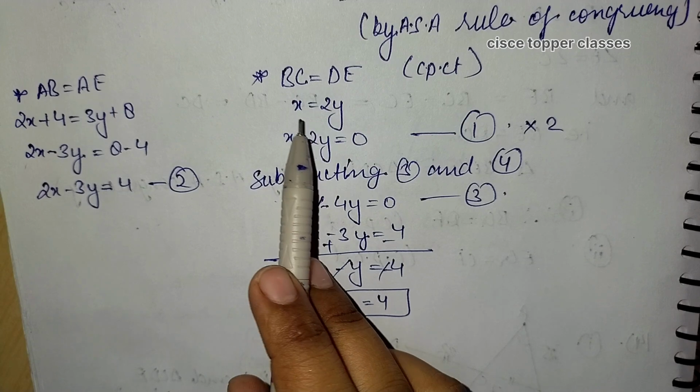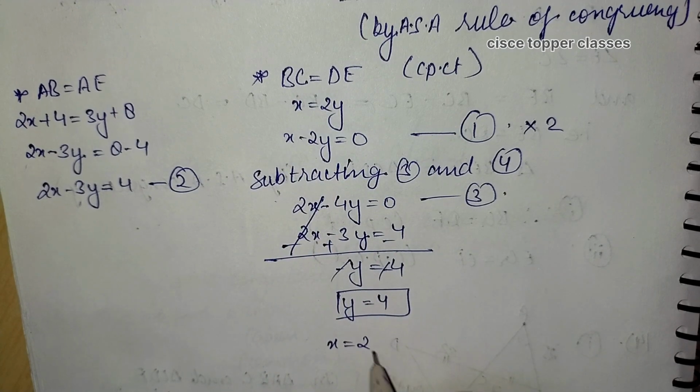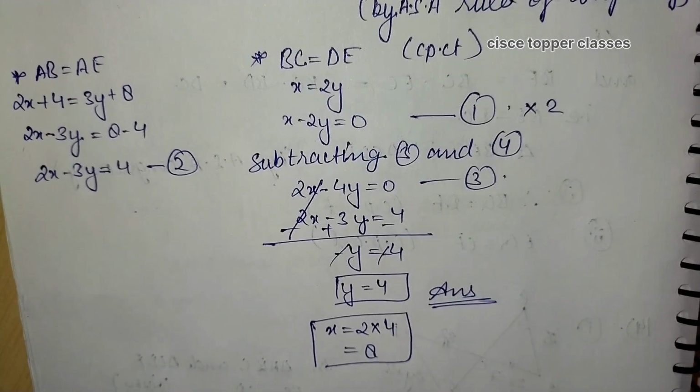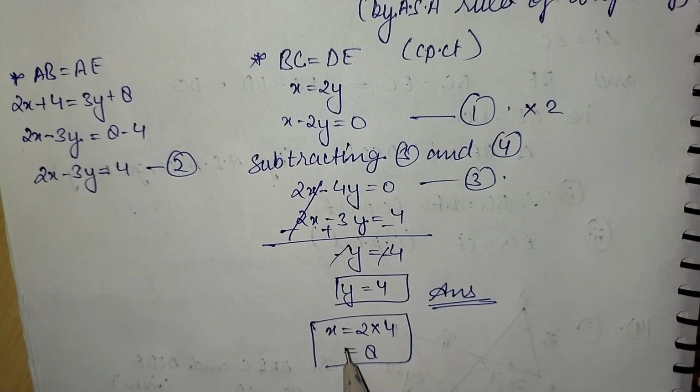Simply we can find the value of x as x is equal to 2 into 4, which will be 8 as the answer here. So this is the answer in this question of 14 second part: y is equal to 4 and x is equal to 8.